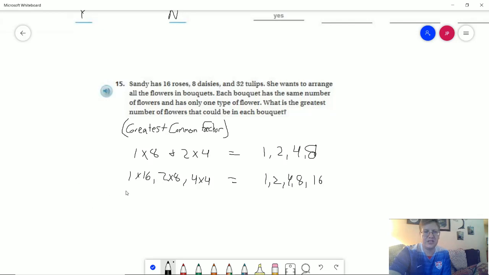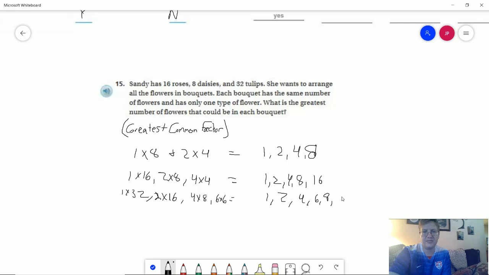And then for 32, we can do 1 times 32, 2 times 16, oops, 4 times 8, and 6 times 6. Again, we're not going to write that 6 twice. So that would give us 1, 2, 4, 6, 8.